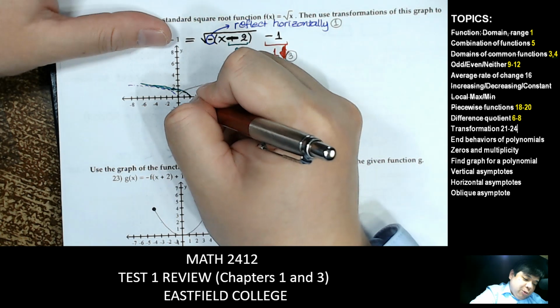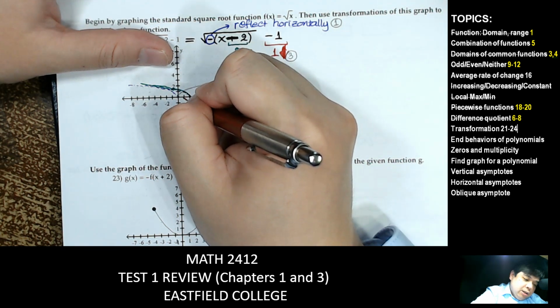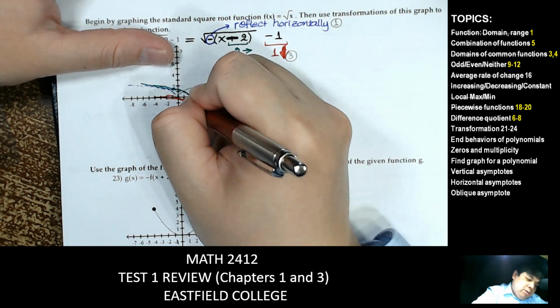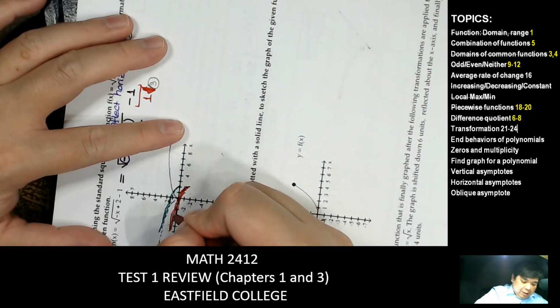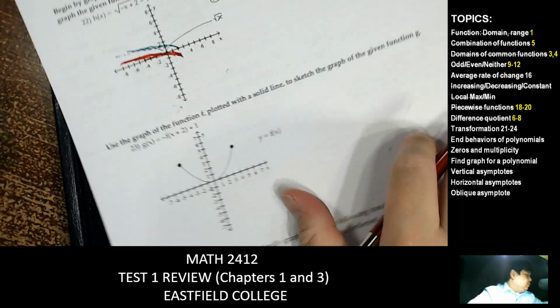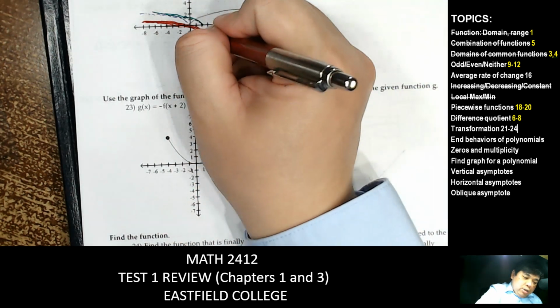So this is go down 1 unit, and just go like this. Yeah, we start at this point.